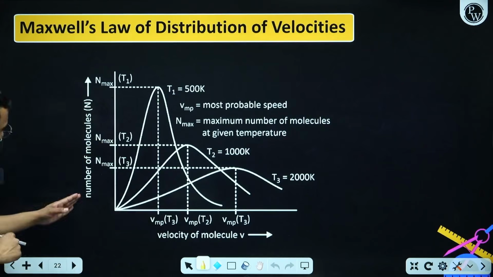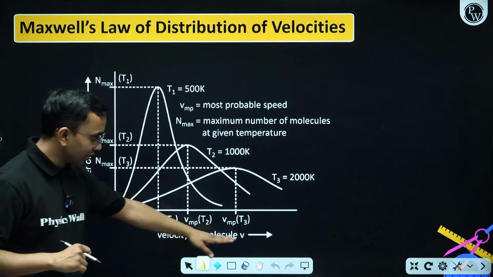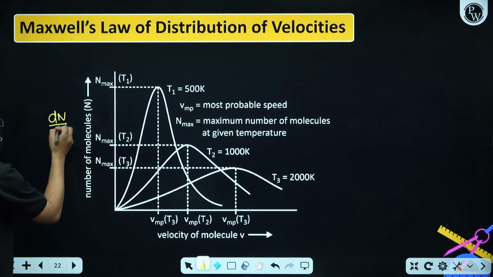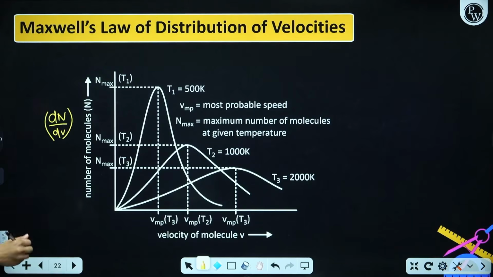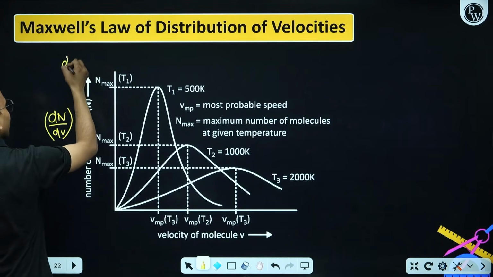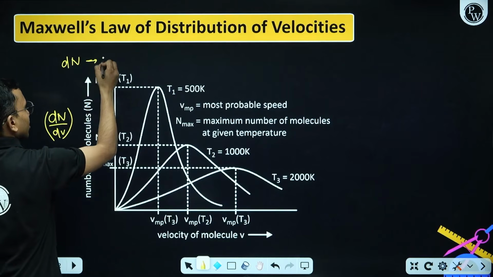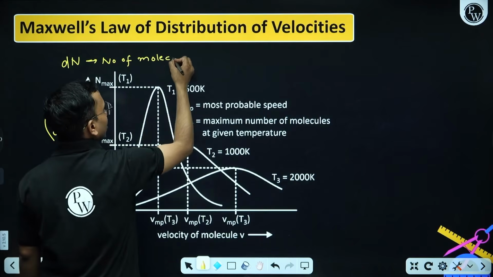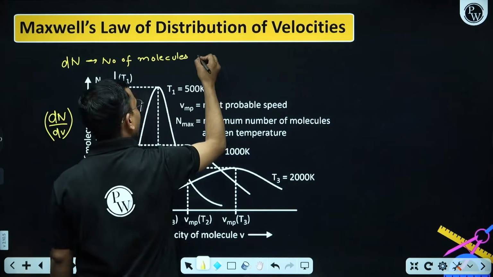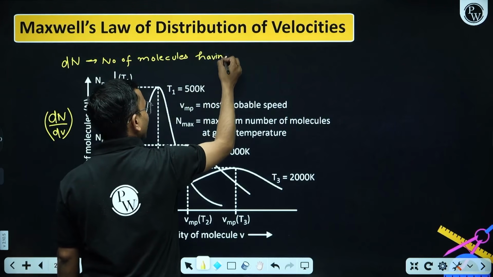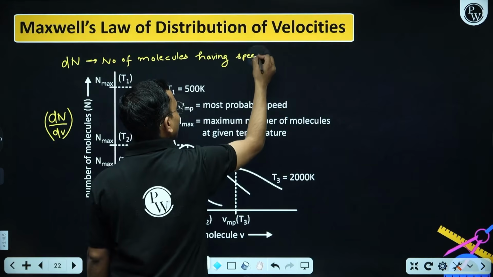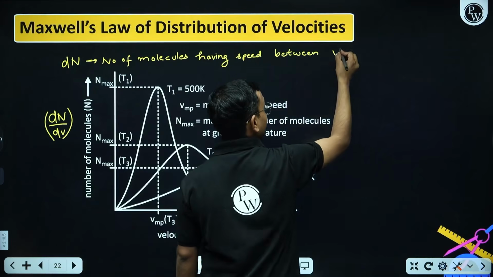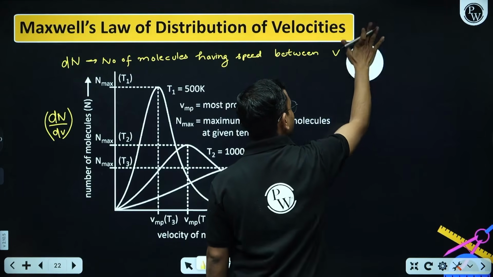Now here we are having velocities of molecules, and here we are having dN by dV. dN is the number of molecules having speed between V and V plus dV.